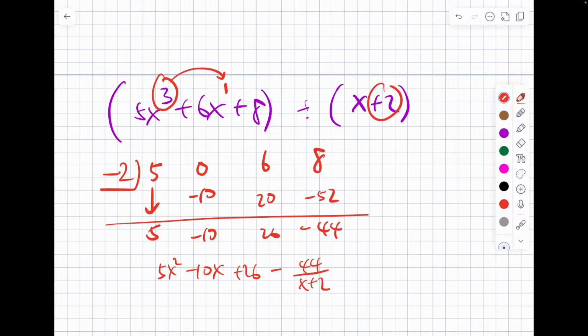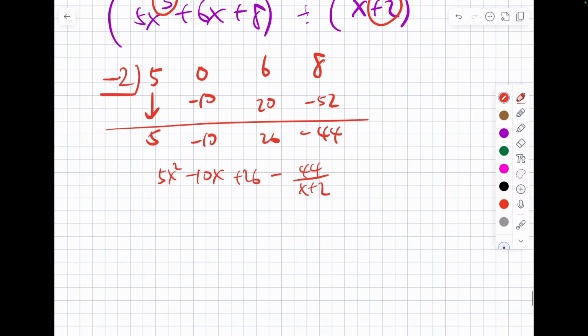Next part is to talk about what the remainder theorem is.